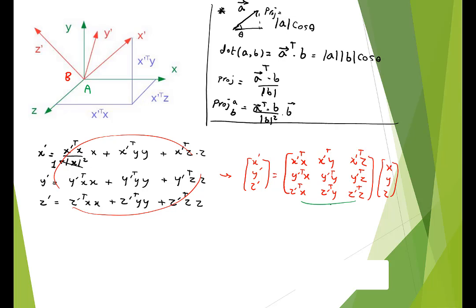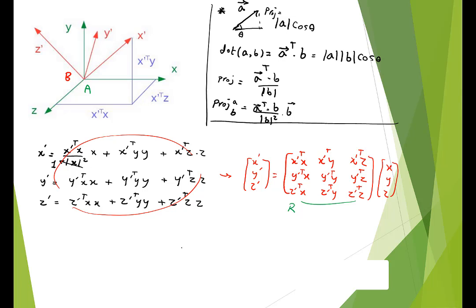And this matrix is usually called R, meaning rotation. Using this, we can bring the vectors of the initial frame into the rotated frame. All we have to do is multiply the vectors that we have in this frame by this matrix, and it will come to that frame.